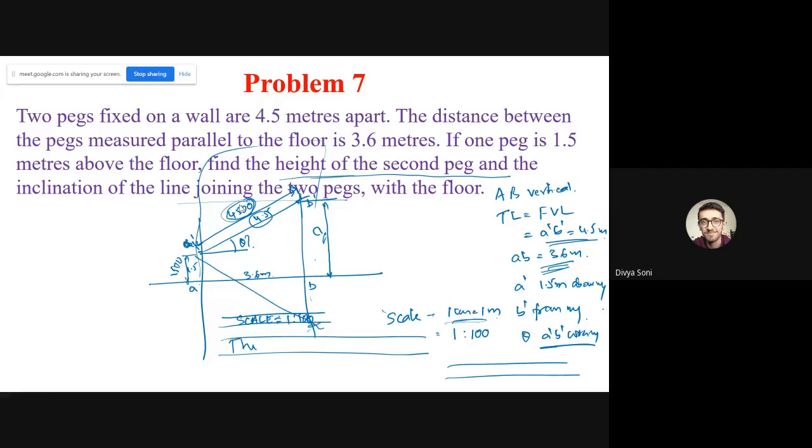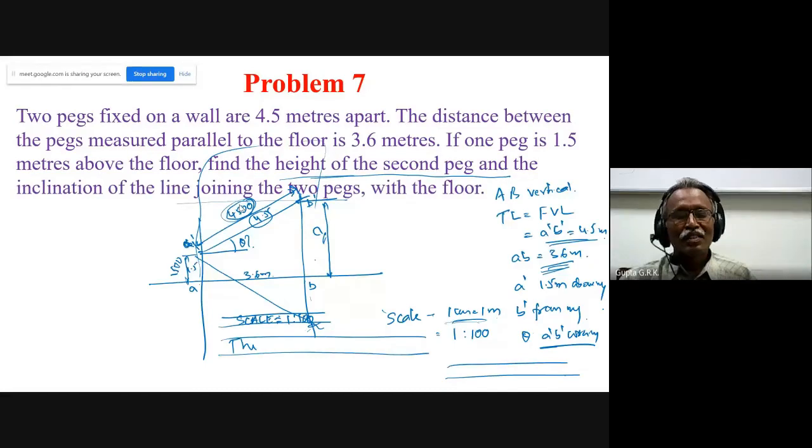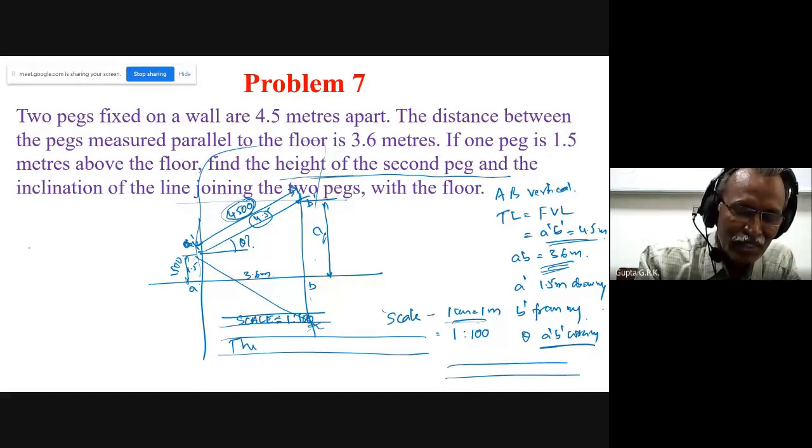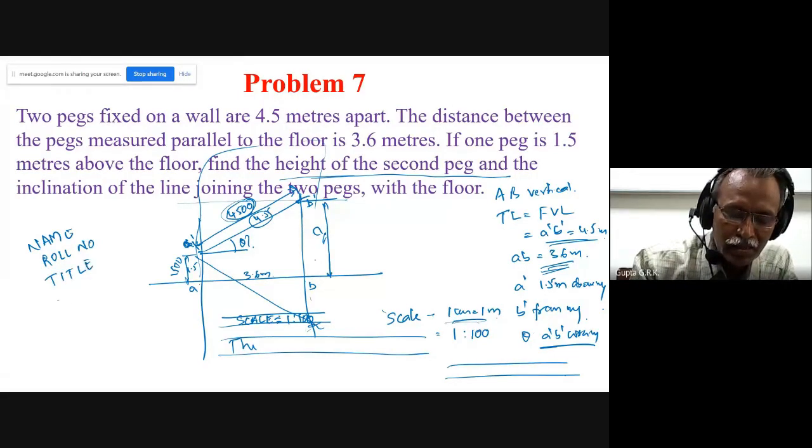For the nameplate for our assignment, sir, could you show what exactly we have to mention in that? Okay, that I have to tell you. You write the name, the roll number, the title, the sheet number, and the date.